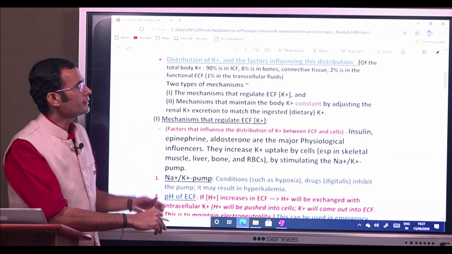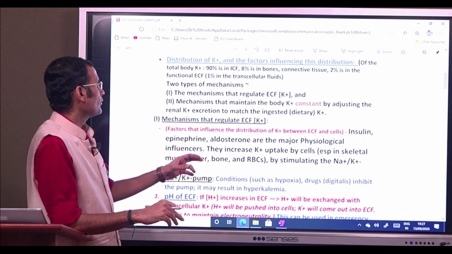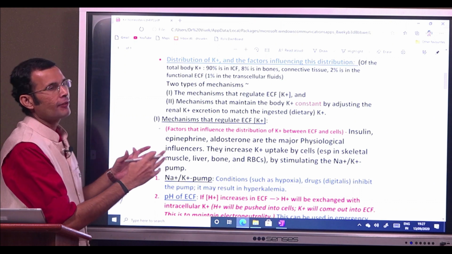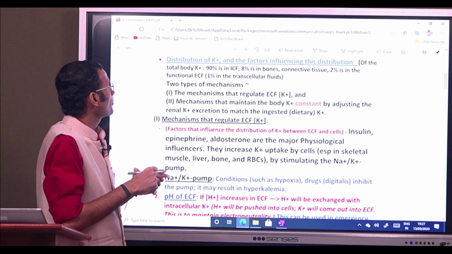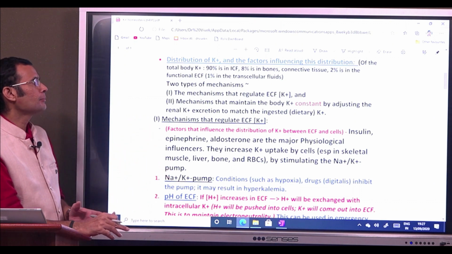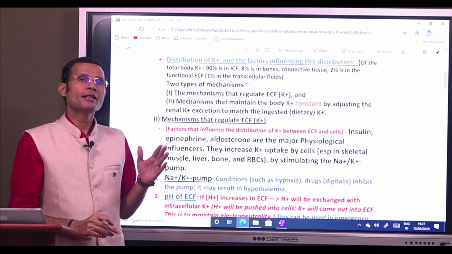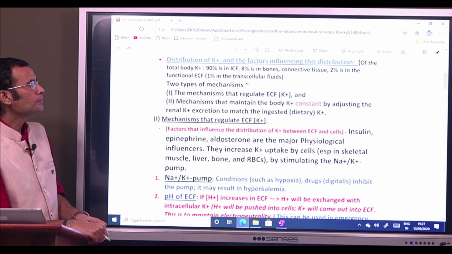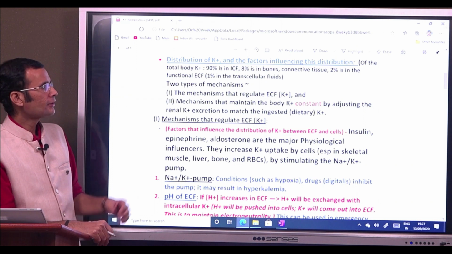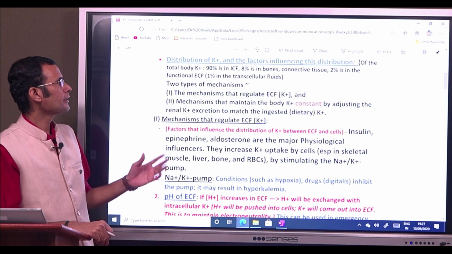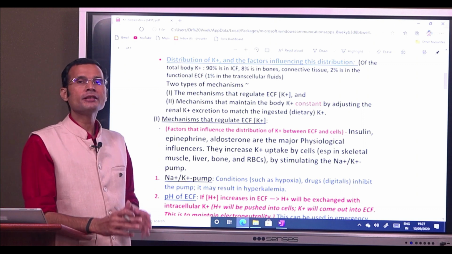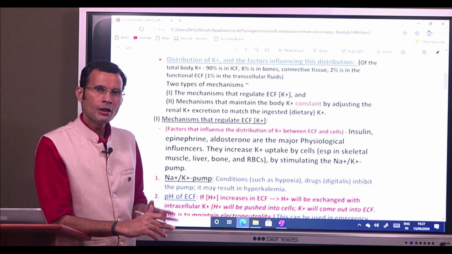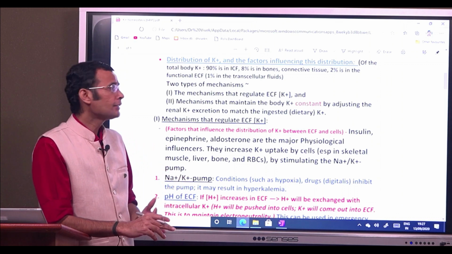Okay, now before we start with that, let's just have a summary. Distribution of potassium and then the factors influencing this distribution. Of the total body potassium, 90% is in the ICF, intracellular fluid. We saw that already. 8% is in the bones and connective tissue. 2% is in the functional ECF. So only 2% of the body's potassium is in the ECF.